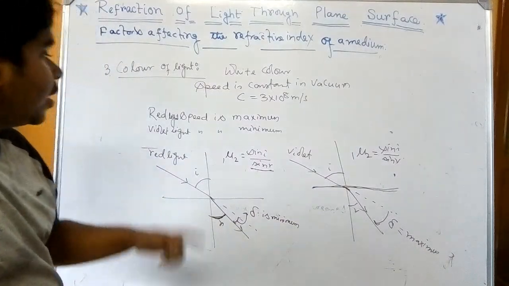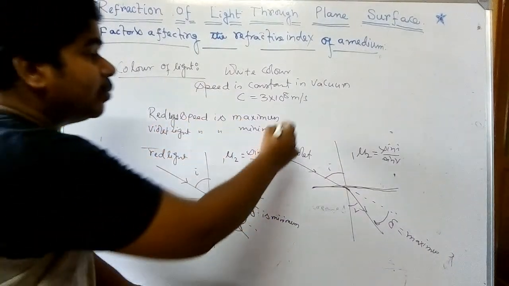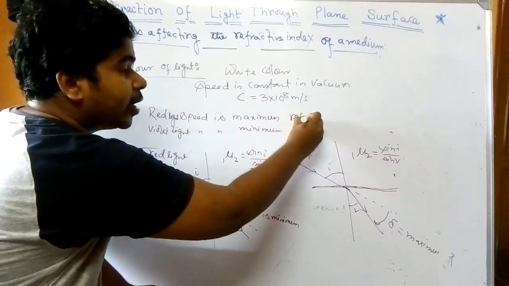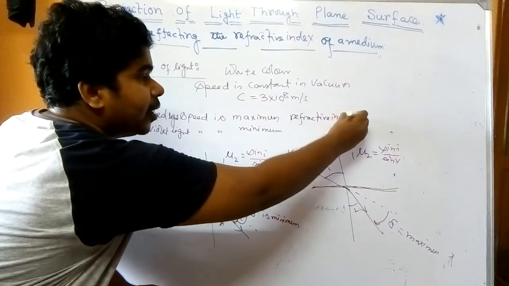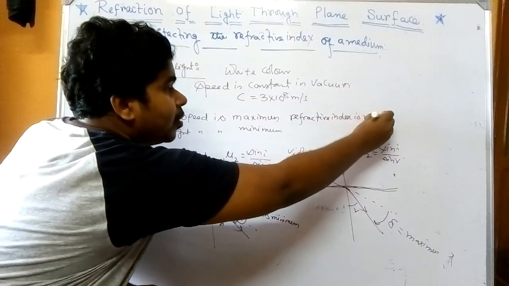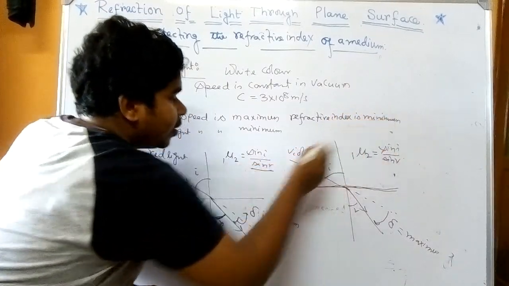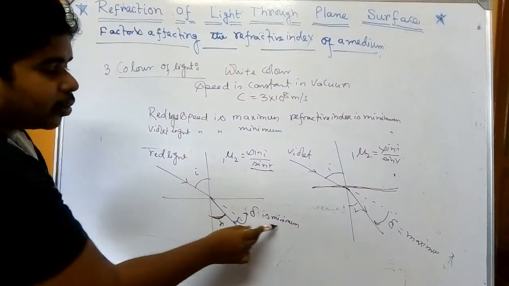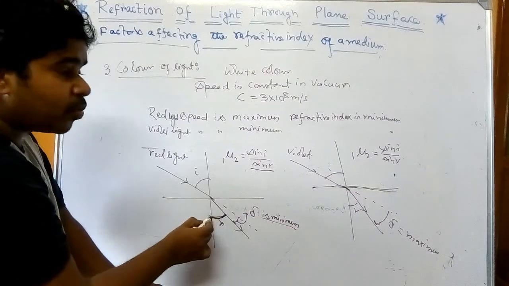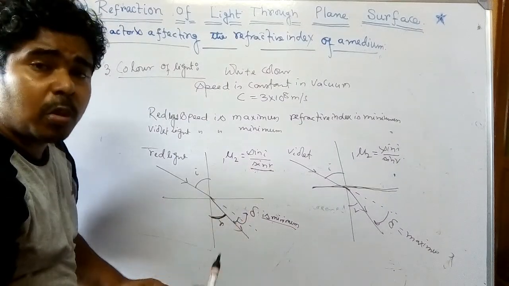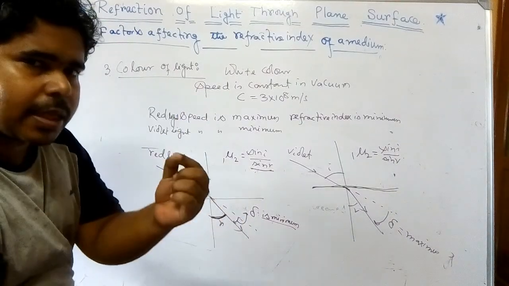So for red light, the speed is maximum, then the refractive index is minimum. Why? Because as speed is more, deviation is minimum. As deviation is minimum, the angle of refraction is more, and as the angle of refraction is more, the refractive index will be less.